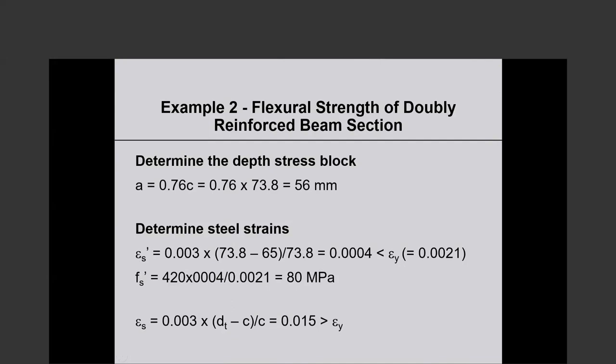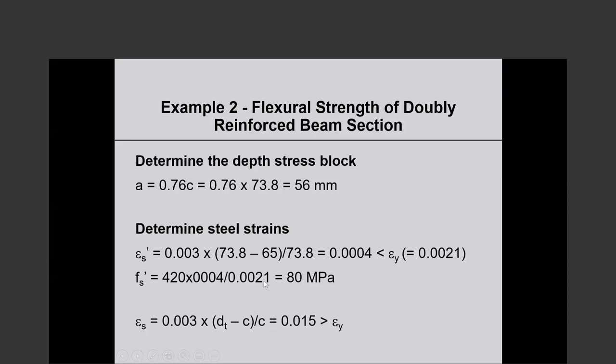So the compression reinforcement is not yielding. That means the stress in the compression reinforcement is the yield strength multiplied by the actual strain in that reinforcement divided by the yield strain.